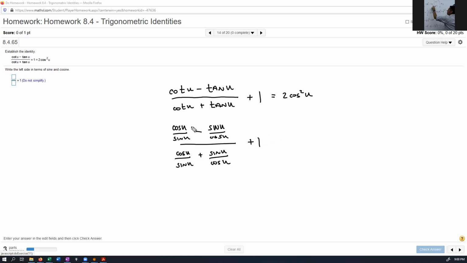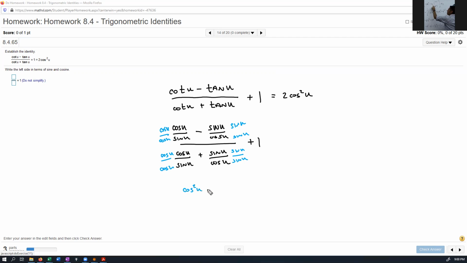Okay, so let's get a common denominator here. So we need cosine u here, sine u here, sine u here, cosine u here, cosine u here, sine u here, sine u here. And then the top becomes, let's see, cosine squared u minus sine squared u. That is not 1.